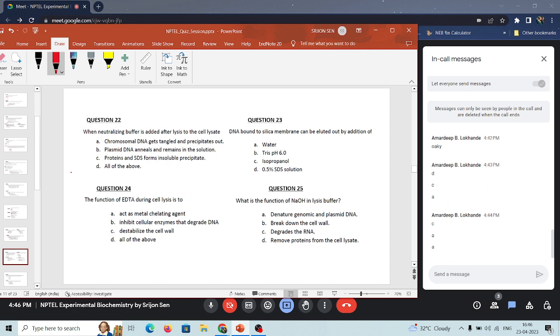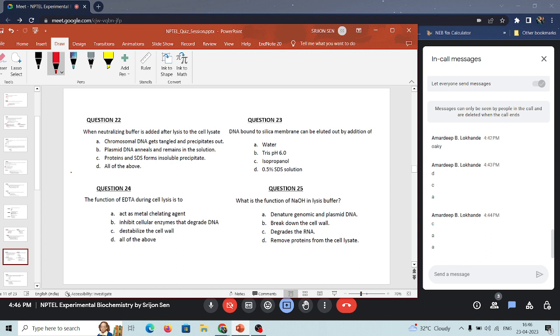Or all of the above. So when you are adding a neutralizing buffer after lysing it to the cell lysate, then what happens?